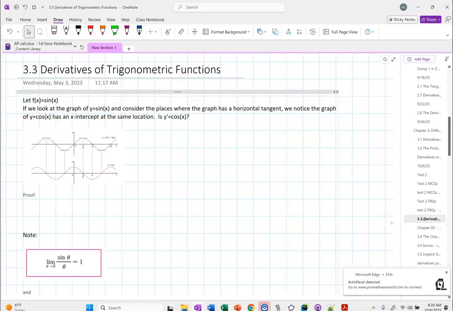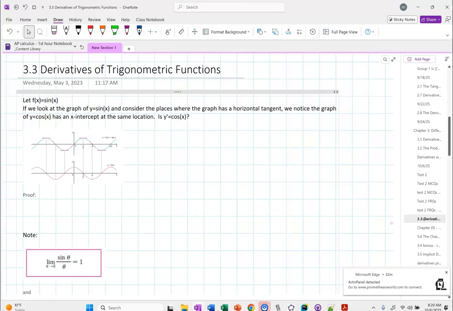So the first idea, we look at the graph of sine x and look at the places where we have a horizontal tangent. Those line up exactly with the same locations where cosine has an x-intercept.